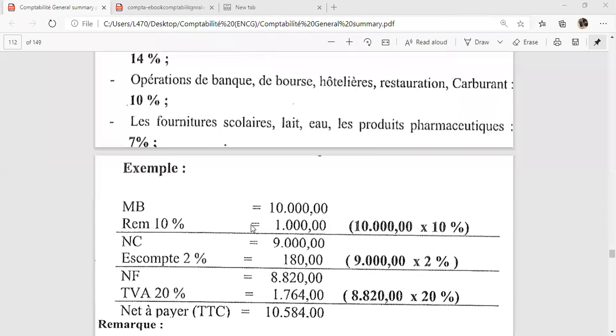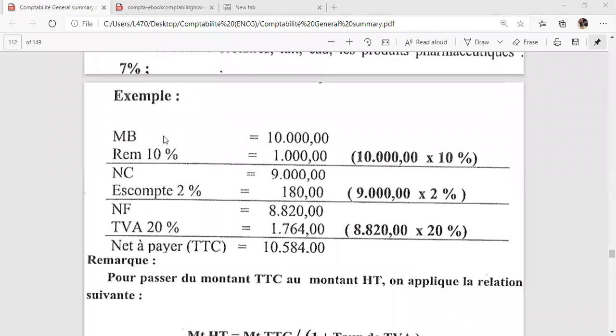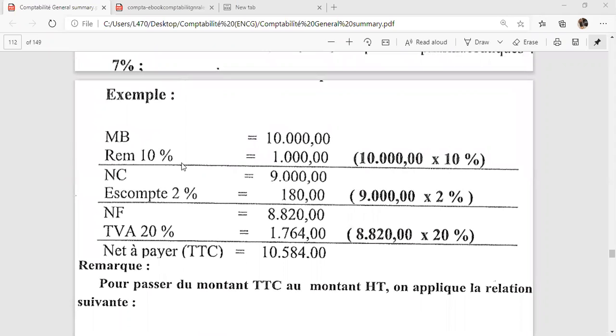Then we looked at this example, if I'm not mistaken. 10,000 is the MB, montant brut, and we have a 10% remise. The difference between those two is called net commercial, which is 9,000. And escompte is at a rate of 2%. We know that escompte is a réduction financière.